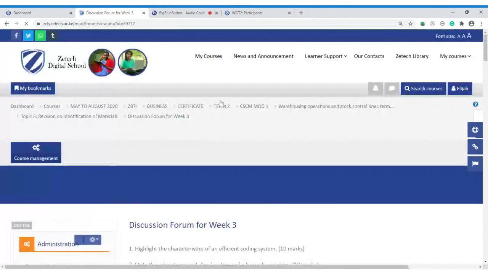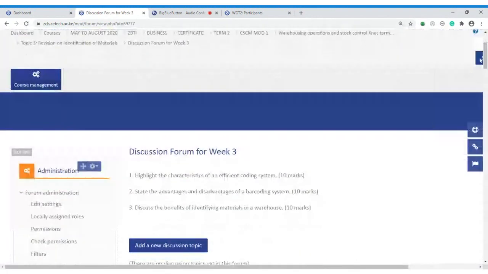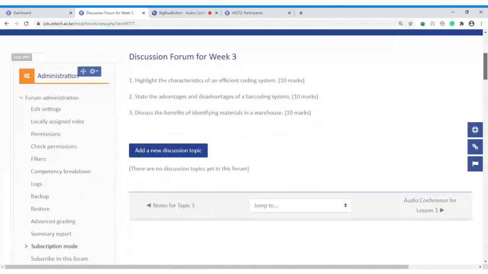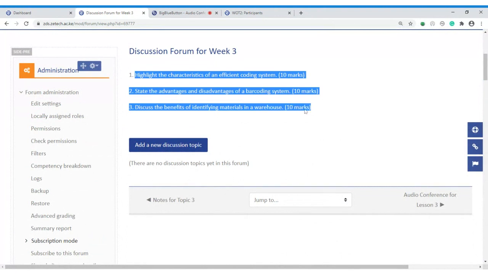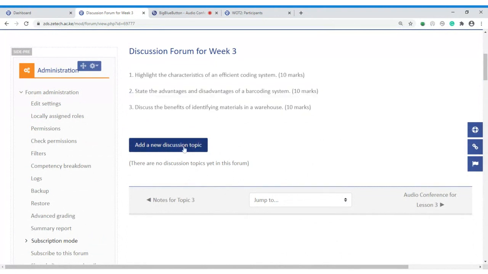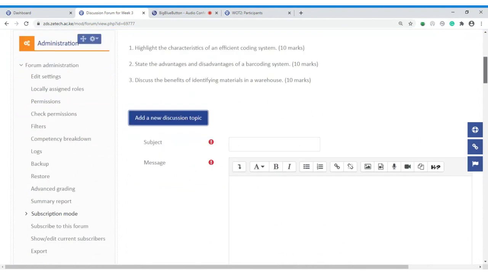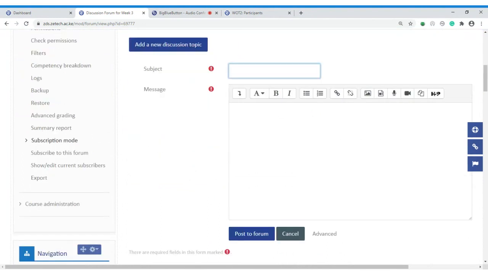When it opens, what you will first see is the questions. Discussion forum for week 3. There are 3 questions. And then here it's written, add a new discussion topic. You click on it. It has opened. So you write your subject, then you type your answers for question 1.